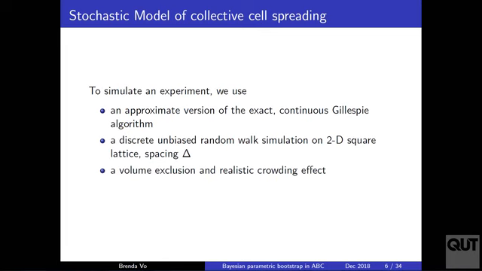We also incorporated volume exclusion and realistic crowding effects. So it's basically if a cell attempts to move to a location, but there is already someone in there, that move is aborted.